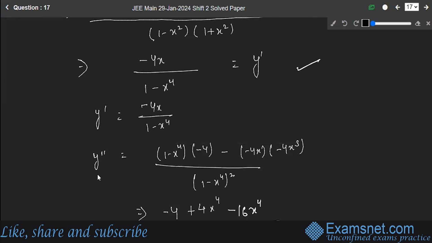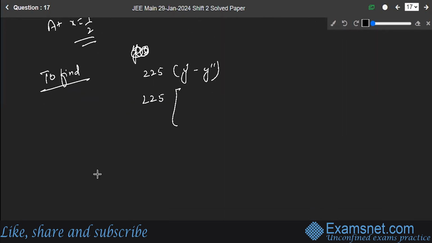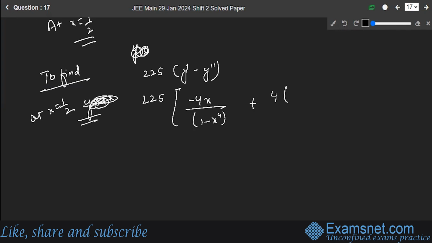This expression, minus 4x upon 1 minus x raised to power 4, at x is equal to 1 by 2. Minus y double dash is minus minus, this will be plus. And here will be 1 plus this divided by 1 minus this.